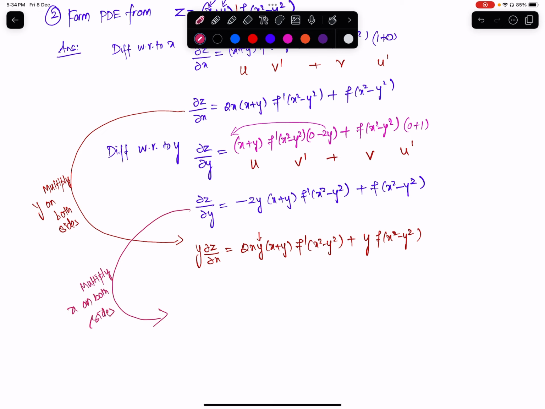So what do you get? It is x ∂z/∂y equal to minus 2x, here I put that x, (x plus y) f' of (x² minus y²), then plus x f of (x² minus y²).